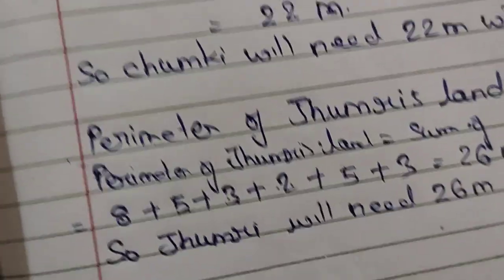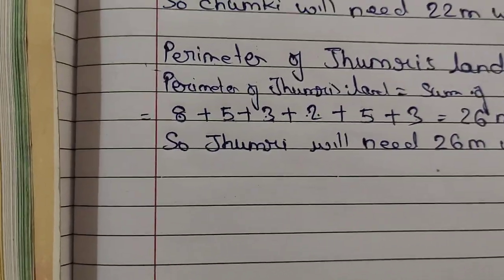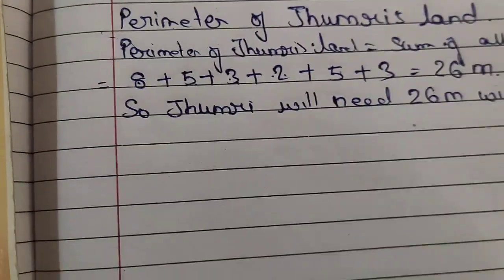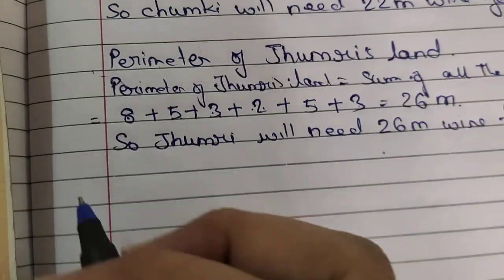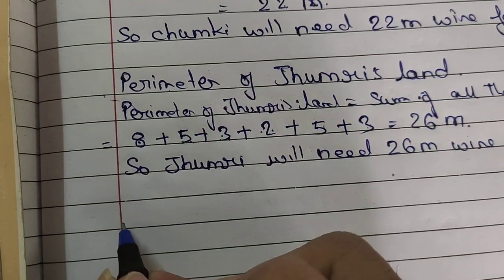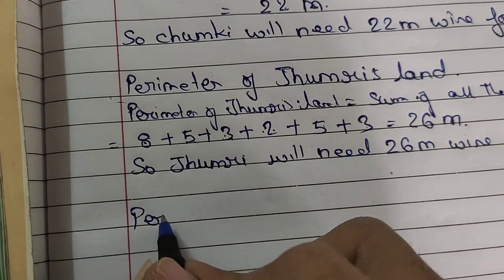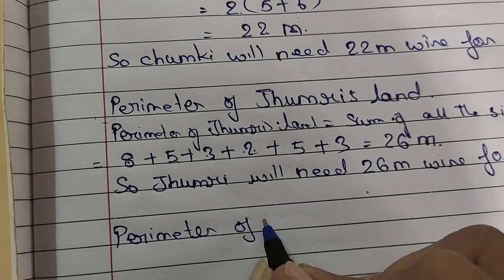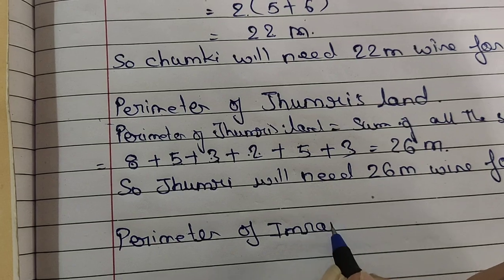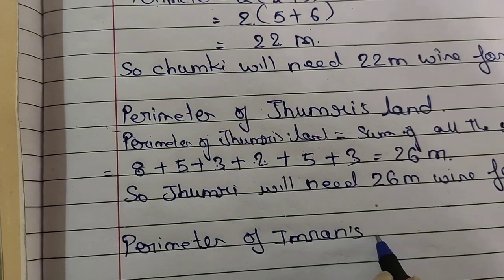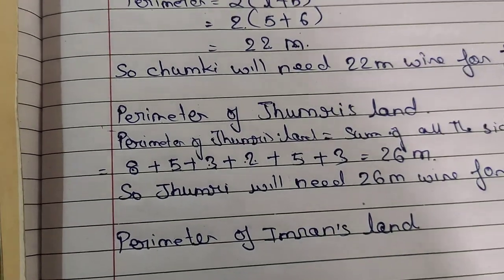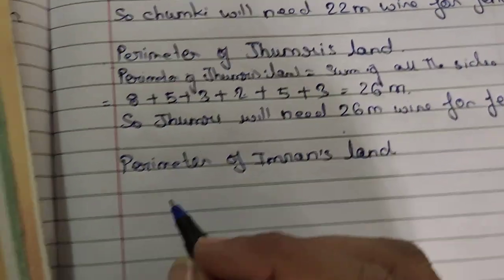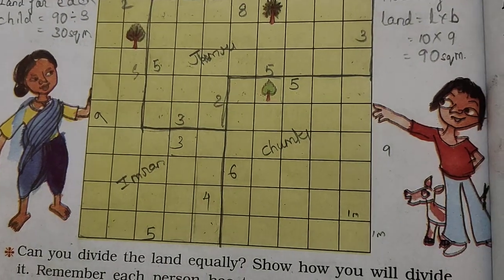Okay. Now the third one is the perimeter of Imran's land. Here also the perimeter is the sum of all the sides because it is also not regular, isn't it?